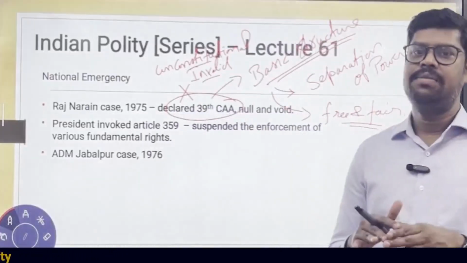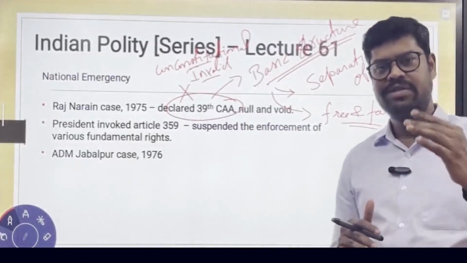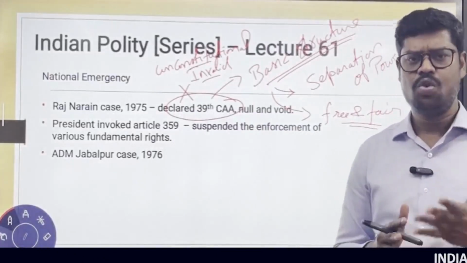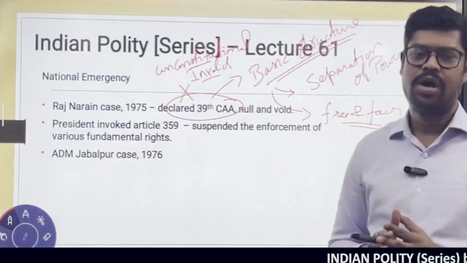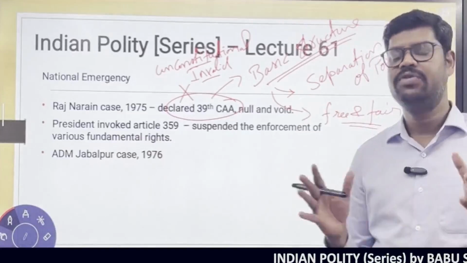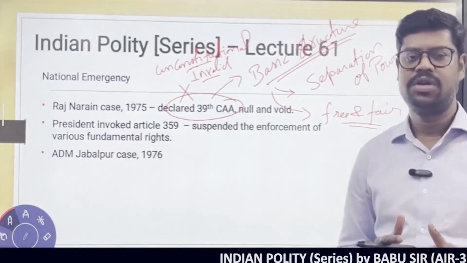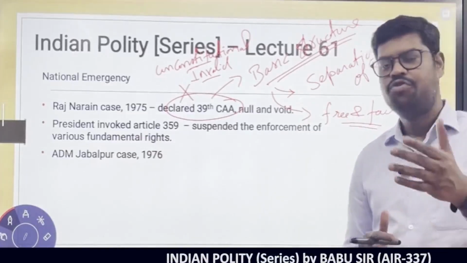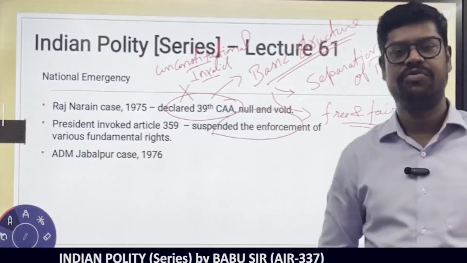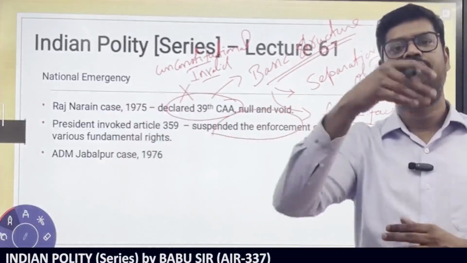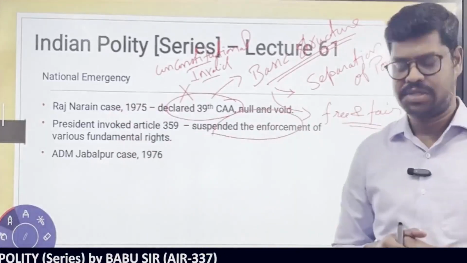But in the meantime, we have already understood that whenever there is a national emergency, the President can invoke Article 359 and he can suspend the enforcement of various fundamental rights, and therefore by virtue of Article 359 and the suspension of enforcement of various fundamental rights, a lot of political opponents were put behind the bars.